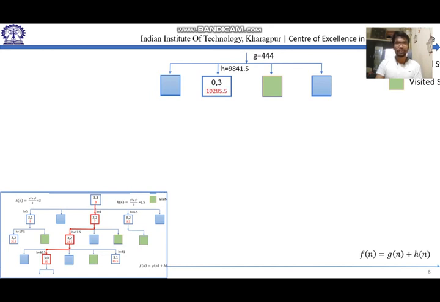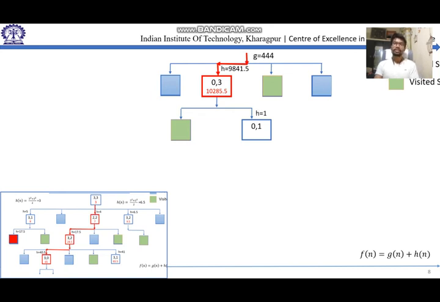After this, if I further expand this, four possible states are given on the next slide. Here the function cost value is 444. If I further expand this, the states are 1 2, which is an invalid state, then 0 3, then 2 2, which is already visited, and then 1 3, which is again an invalid state.